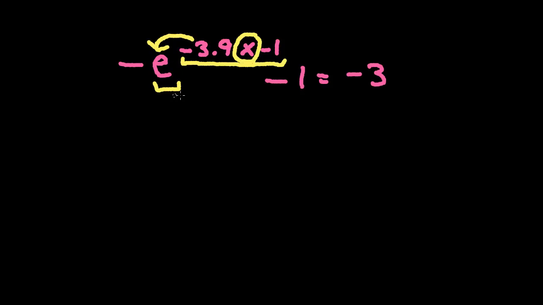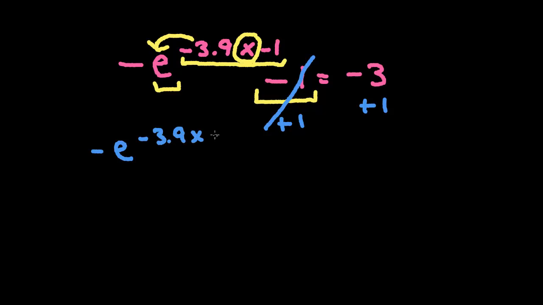The thing that's furthest away from this sticky mess here is this minus 1. So that's who we're going to get rid of first. We're going to do the inverse operation of minus 1, which would be plus 1, to both sides. That leaves us with negative e to the negative 3.9x minus 1 equals negative 2.